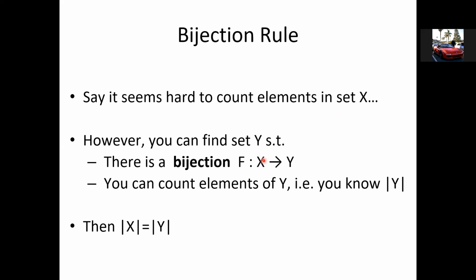But you might find a correspondence between this set and some other one, and the other one is easy to count. Of course, this is just a way to count the original set, because if you make a one-to-one correspondence with something that is easy to count, then you effectively counted X. That's what the bijection rule says.